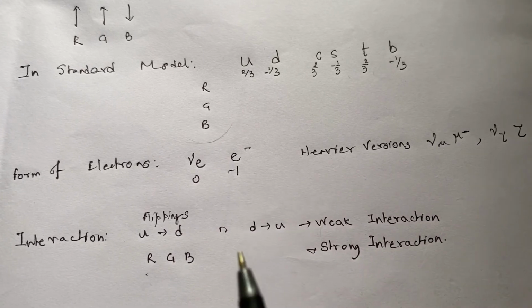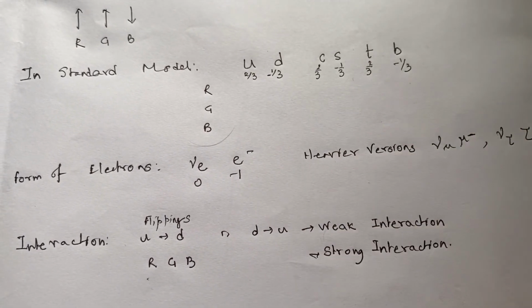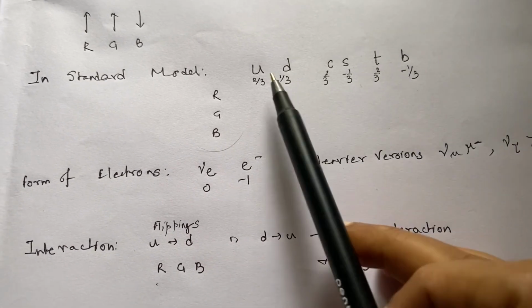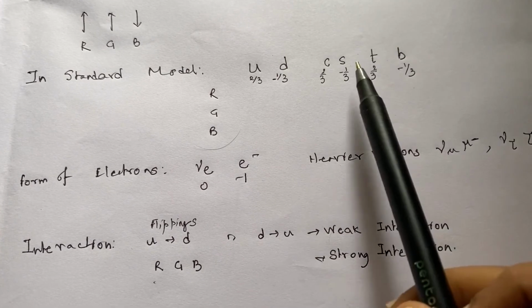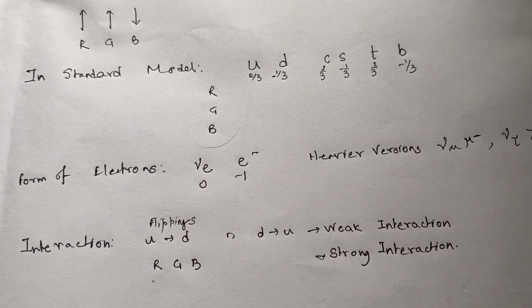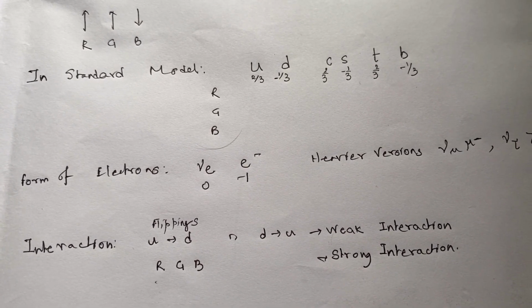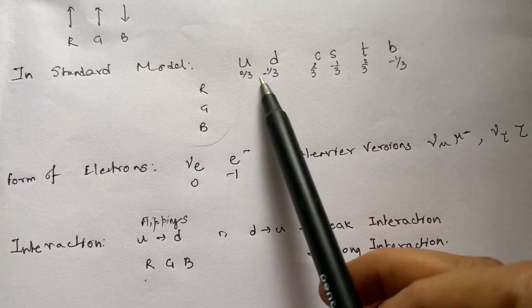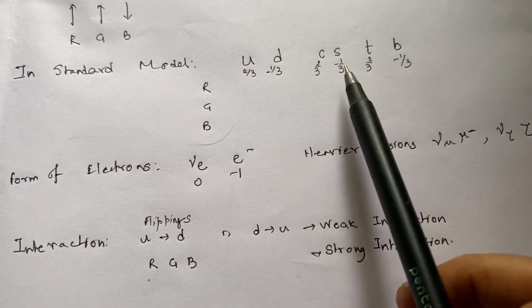In the standard model, we have seen these are the types of quarks. Up and down are the lighter versions of the quark, and charm, strange, top, bottom are the higher or massive versions of the quarks. And these have charges of 2/3 and minus 1/3.